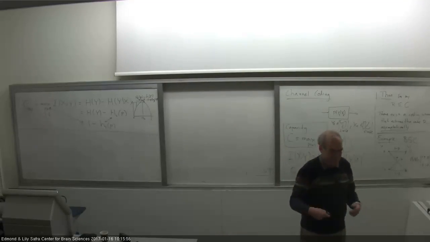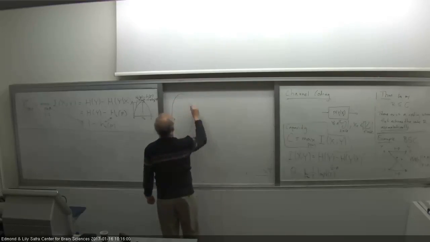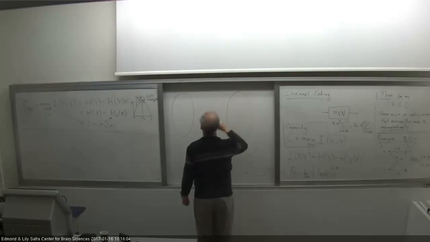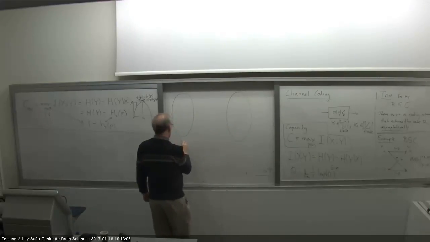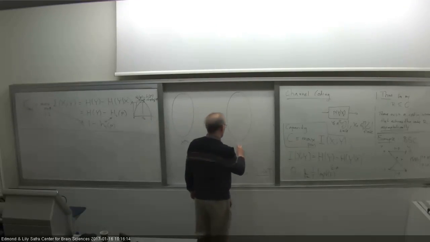Remember this? Okay. So here is the idea of the proof, which as far as I'm concerned is the only thing you have to remember. So let's take a very long sequence of inputs to the channel, which is going to generate a very long sequence of outputs.